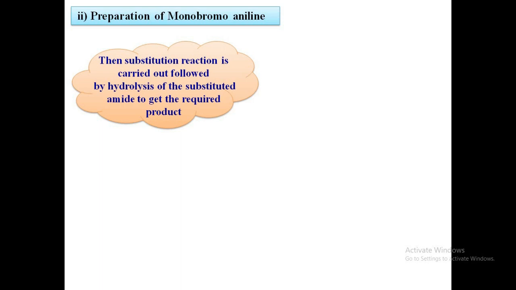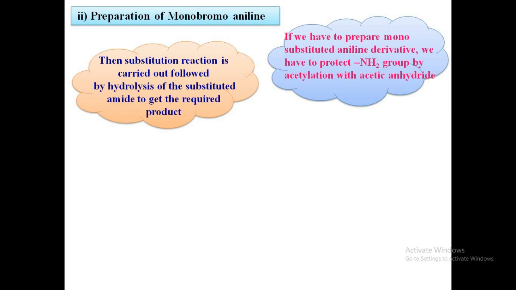In this case, students, a substitution reaction is carried out followed by hydrolysis of the substituted amide to get the required product. If we have to prepare a mono-substituted aniline derivative, we have to protect the primary amine, that is the NH2 group, by acetylation with acetic anhydride.